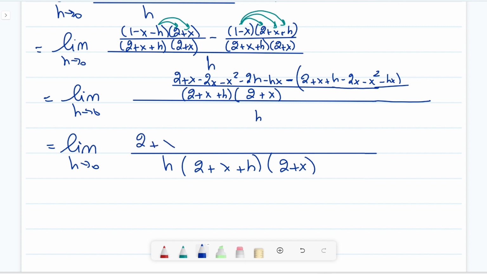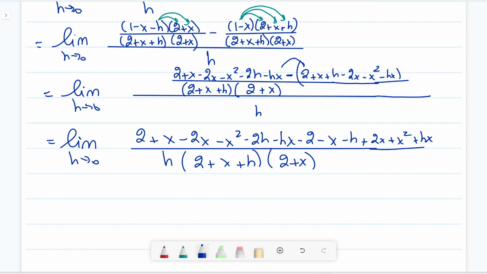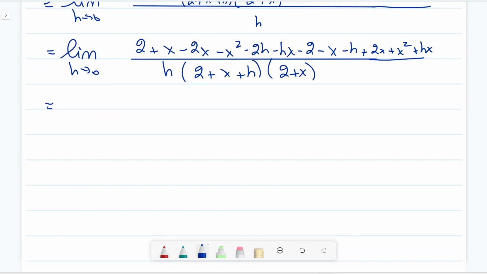And let's leave the numerator the same. We can distribute the negative inside, so minus 2 minus x minus h plus 2x plus x squared plus hx. Now, if we were to plug in the h, we would get 0 over 0.